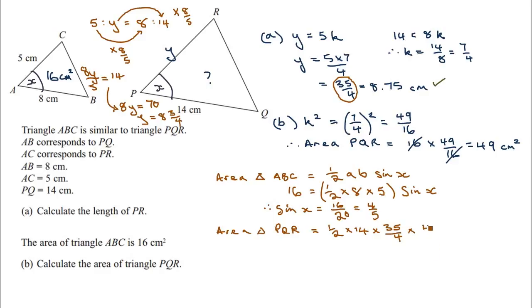So now I've got four numbers which multiplied together will give me the area of triangle PQR. And I'm hoping it's going to be 49. Alright, let's do the calculation. So half of 14, nice and easy to do, is going to be 7 times 35 times 4, so let's say 4 times 35, divided by 4 times 5.